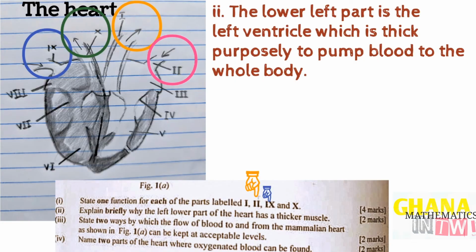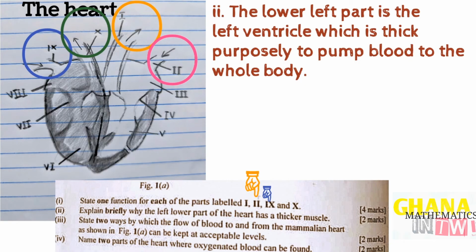The next question says: explain briefly why the left lower part of the heart has a thicker muscle. The heart plays a vital role in the human body because it is able to pump blood to all parts of the body.